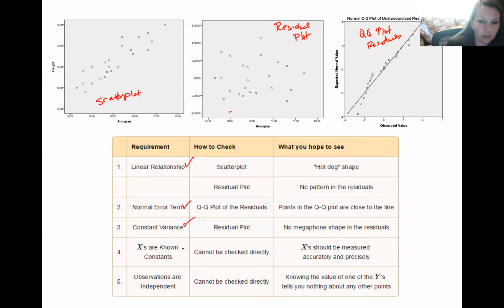And then these other 2, like I said, can't be checked directly, so we'll call those good. So we would say, yes, we meet the requirements, our results are valid, and we can draw these conclusions. Ta-da, we finished our analysis.